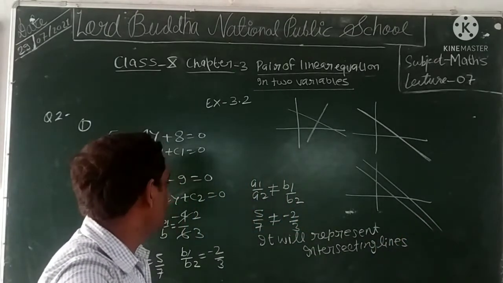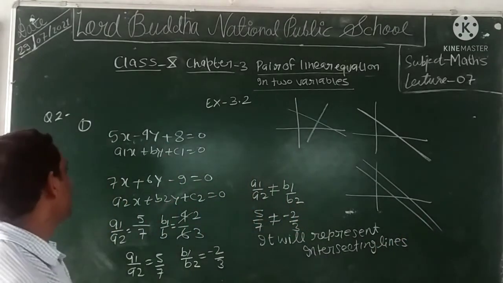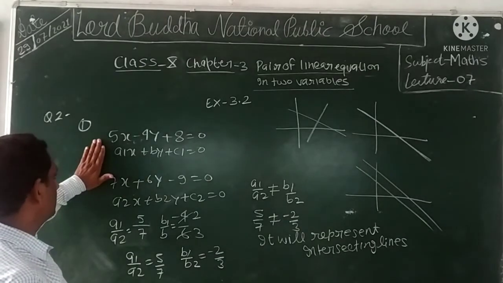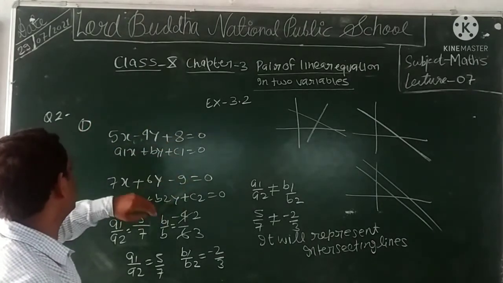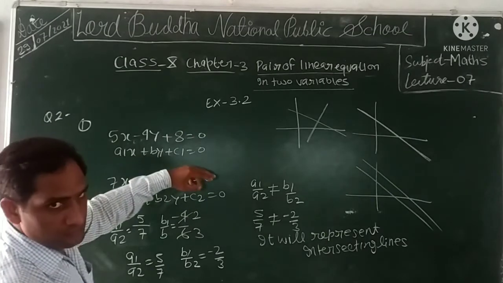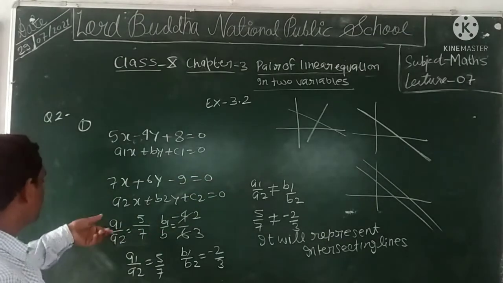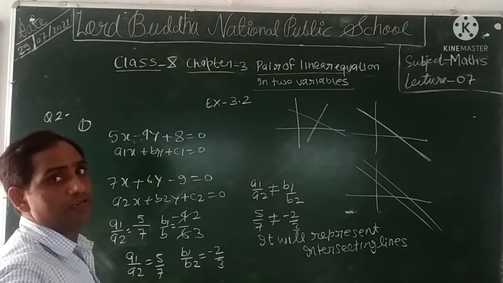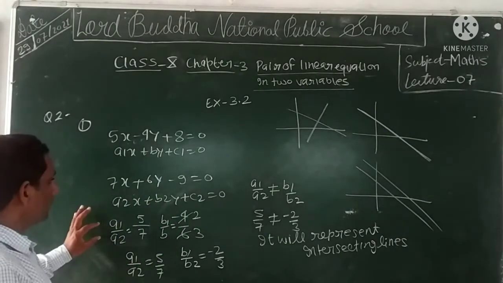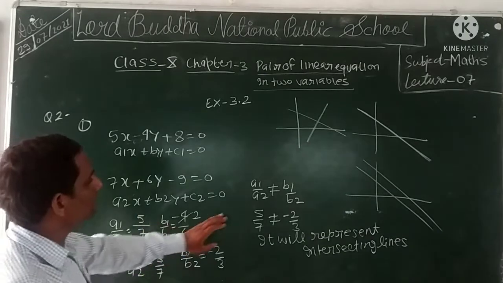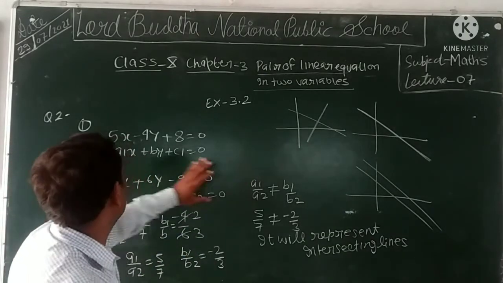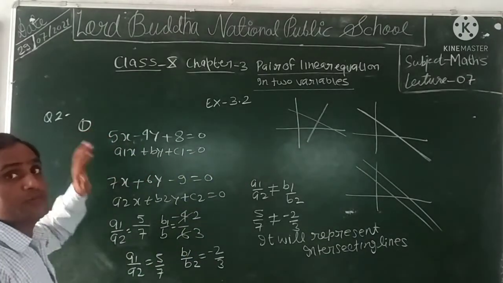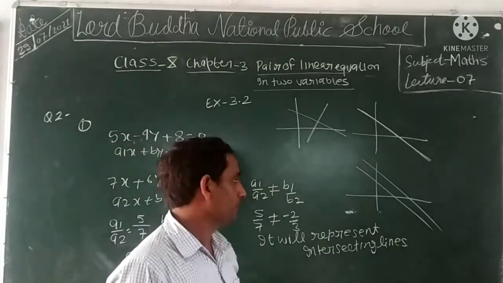First of all, we compare the given pair of linear equations with the standard form. After that, we take the ratios A1 upon A2, B1 upon B2, and C1 upon C2. First we check the first condition. If A1 upon A2 is not equal to B1 upon B2, then it is confirmed that this pair of linear equations will represent intersecting lines.